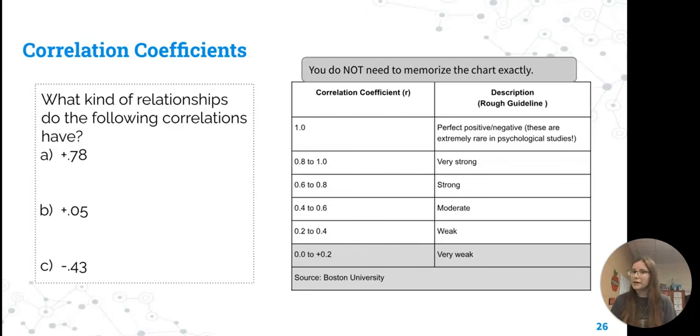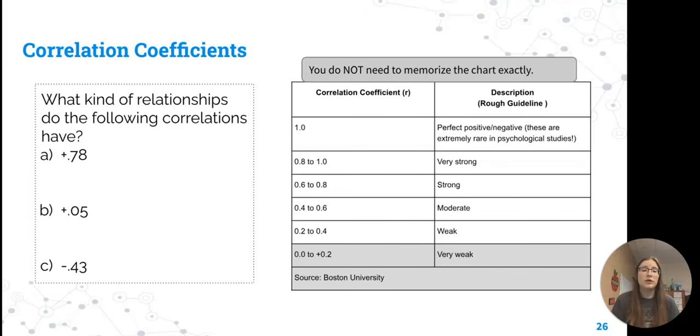All right, now that you've tried it out, I'm trusting you. All right, a plus 0.78 is going to be a positive relationship because we have that plus sign there, and it is going to be a fairly strong relationship, right, because it's closer to 1. So a positive, moderately strong relationship.